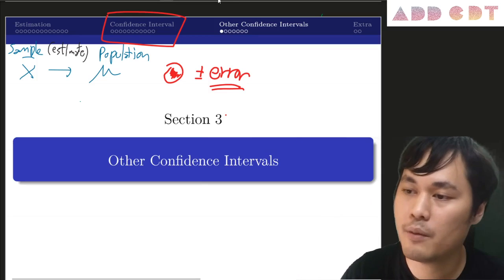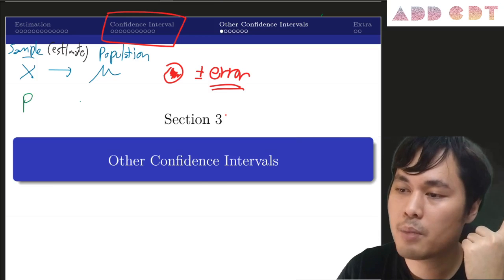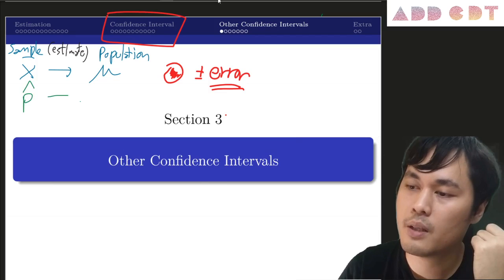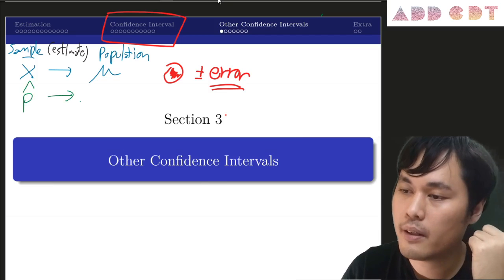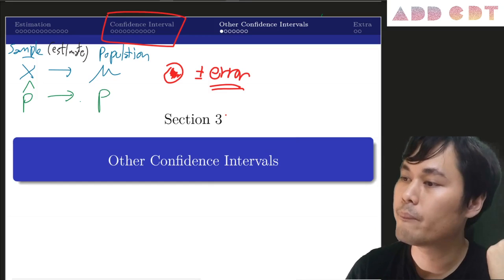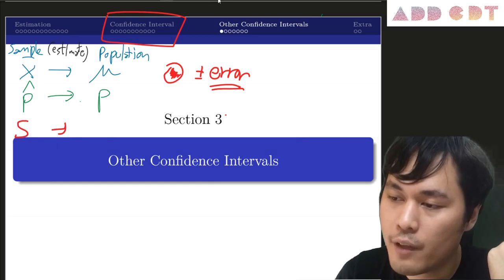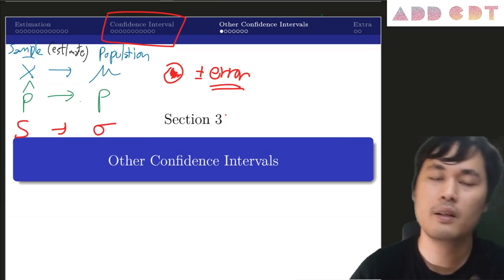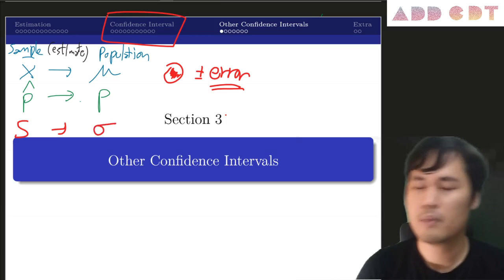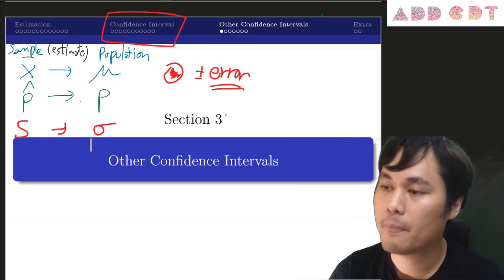What kind of problems? If you recall, we have the x bar, we also have the sample proportion p hat, and we can use that, of course, to estimate the population proportion p, and we can use the sample standard deviation to estimate the population standard deviation sigma. And we can estimate all these 3 values.